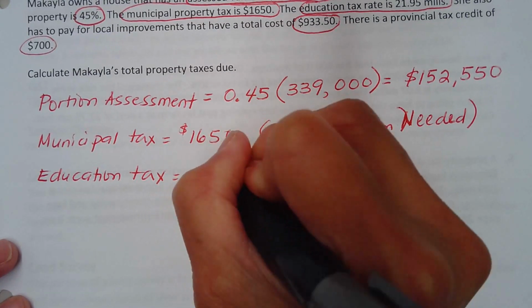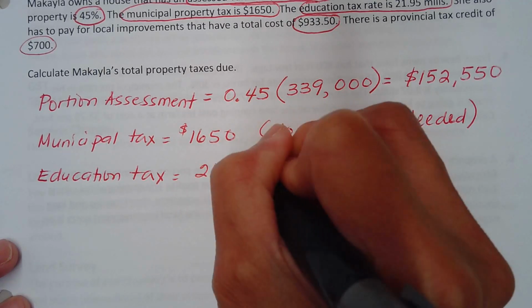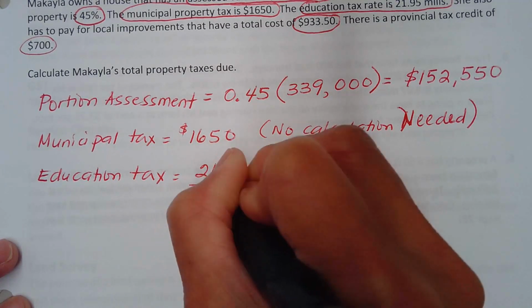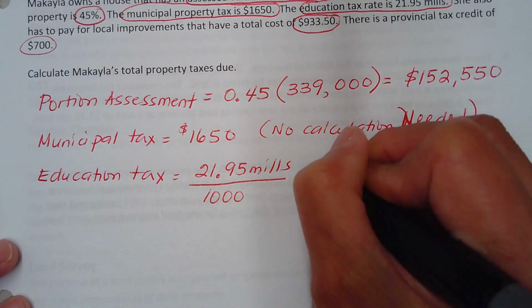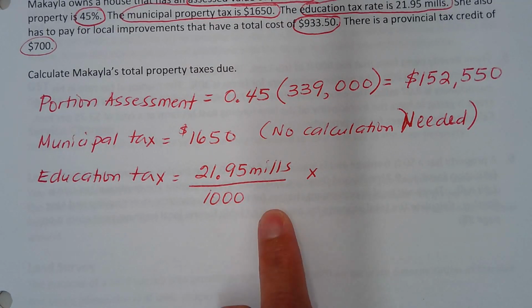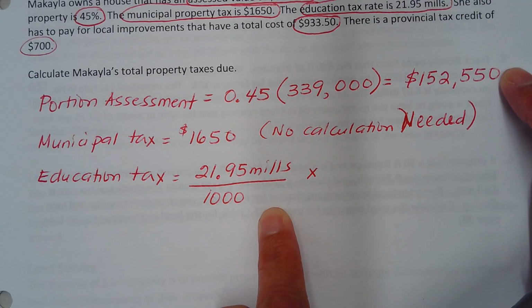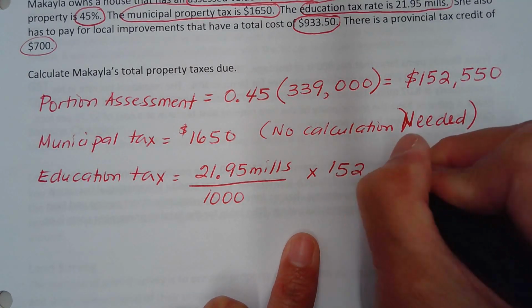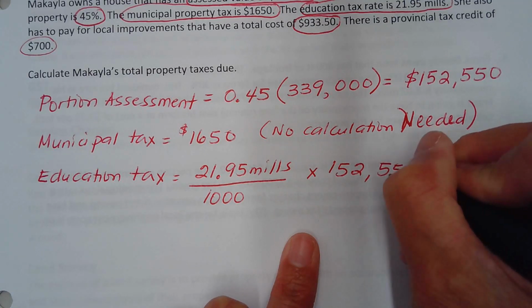So 21.95 mils divided by 1,000 times, oh, okay. Now that I have this portion assessment, I gotta use my portion assessment for this one. 152,550.